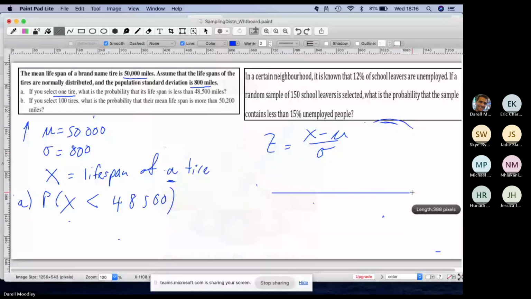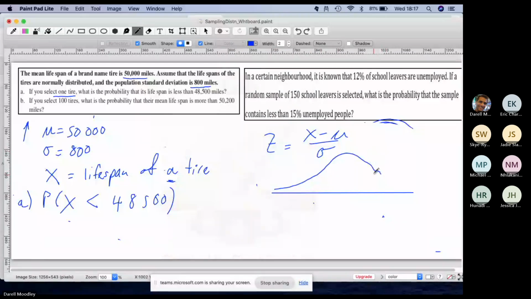So if we had to draw it, this is what they're asking us. This is your X. It's centered at the mean, which is 50,000. So there's your center.